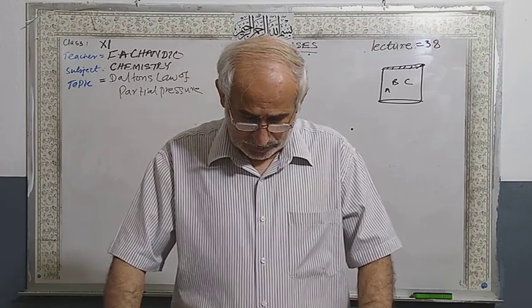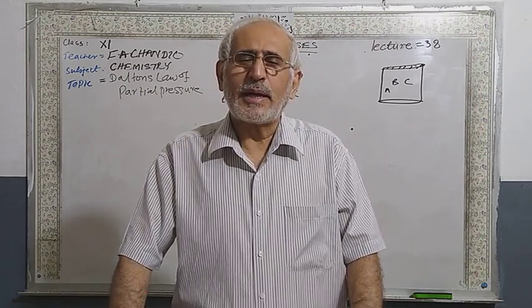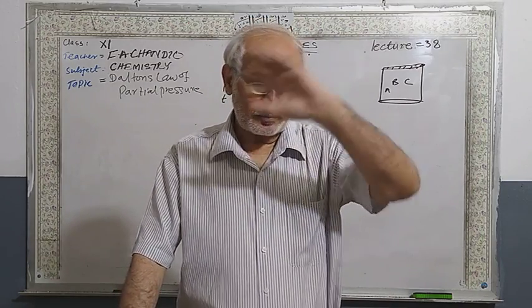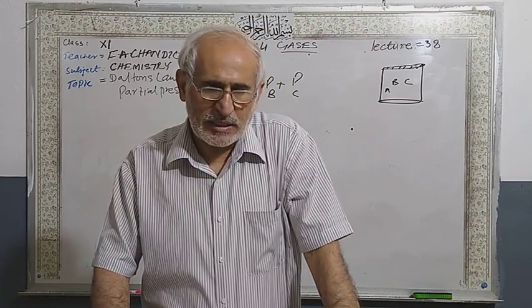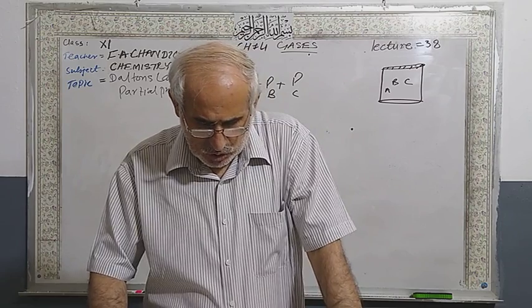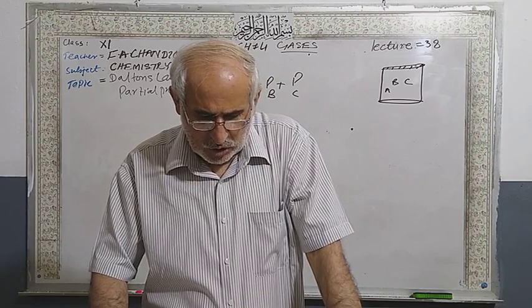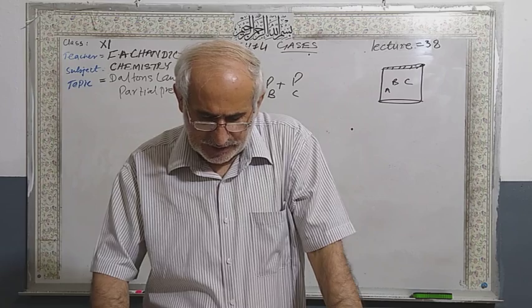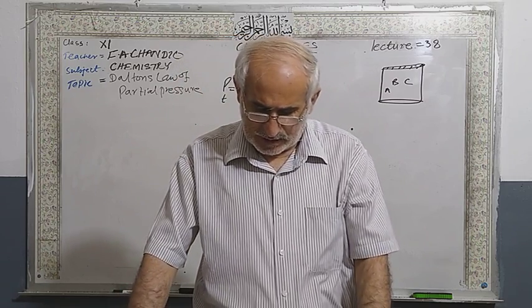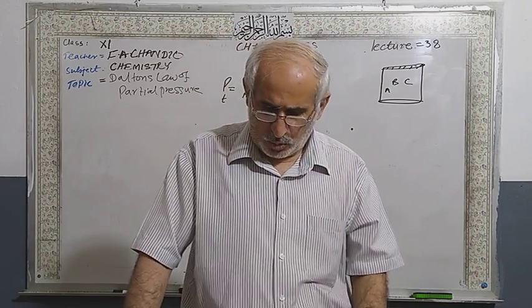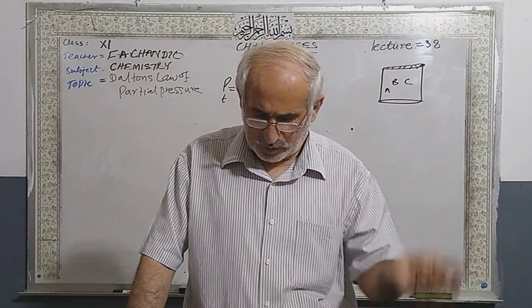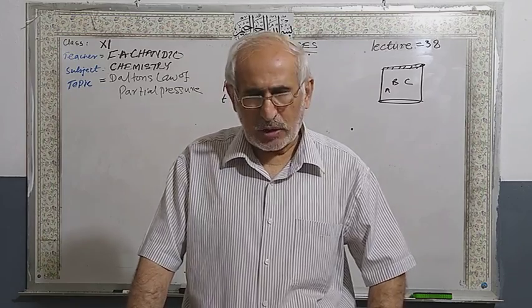So you have the example in the air. Nitrogen is 78.08%, oxygen is 20%, argon is 0.93%, carbon dioxide gas 0.03%. Now it is going to be increased by pollution. Maybe 0.033 is going to be increased. Million tons are going to be added.